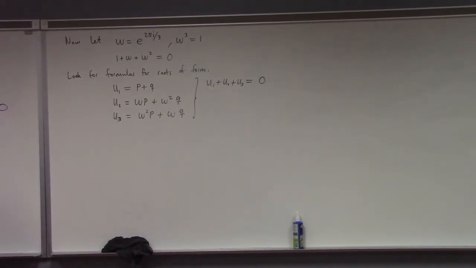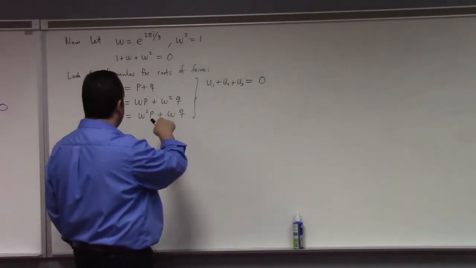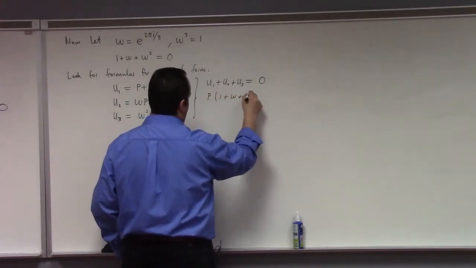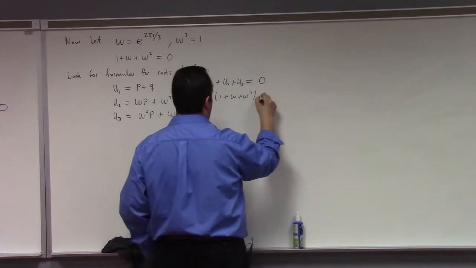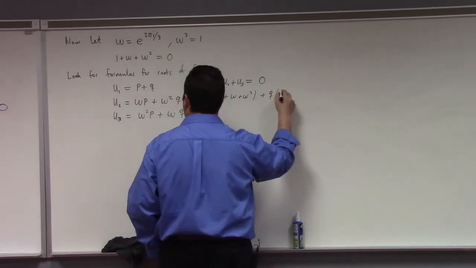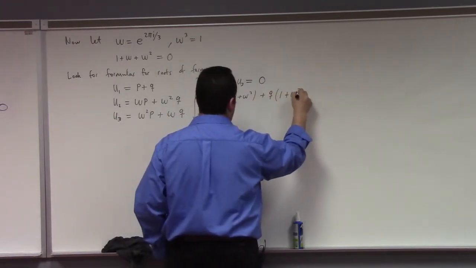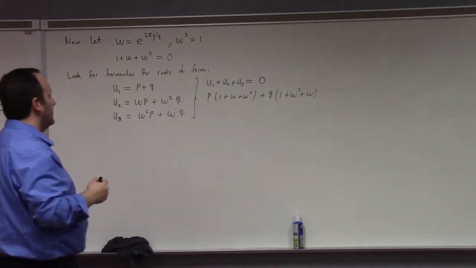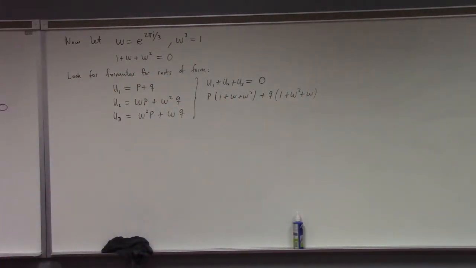Since 1 plus omega plus omega squared is 0, you're just adding two zeros there, for some p and q. Ah, that's what the motivation is. I see. I guess that gives you some sense.